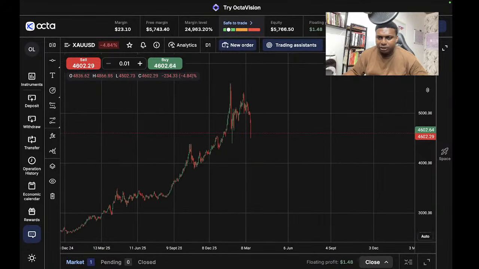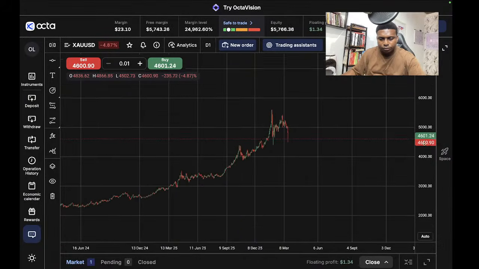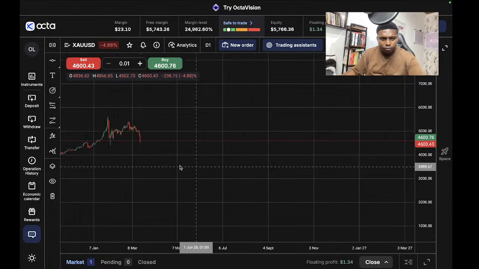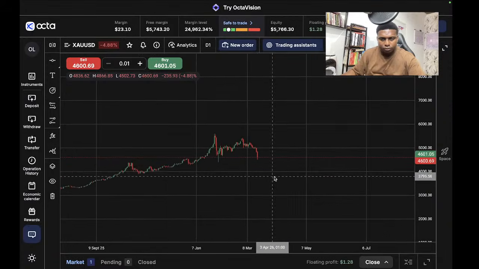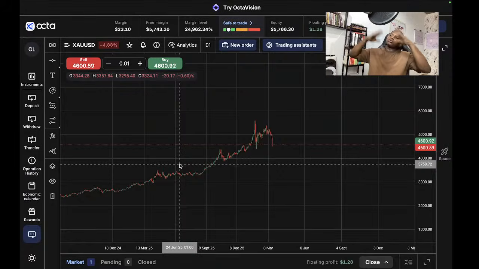This is the daily time frame of the gold USD. When we start with a top to bottom strategy, what we need to do first is understand the current market structure.